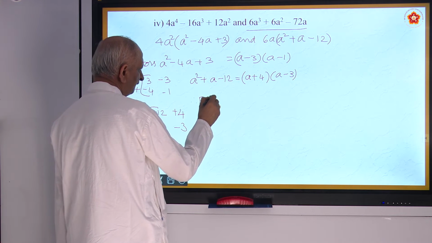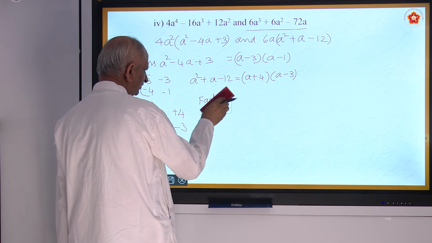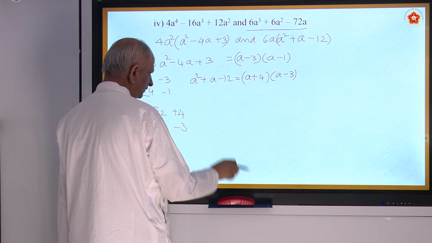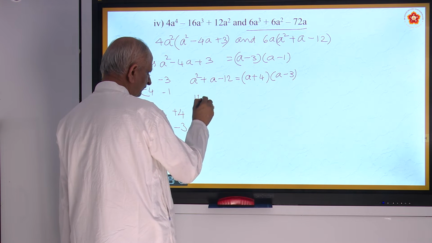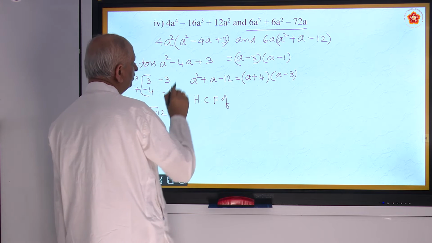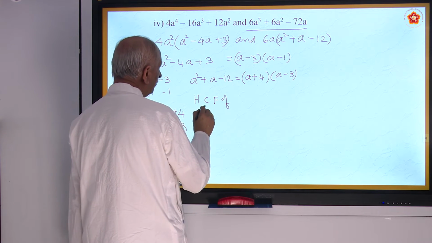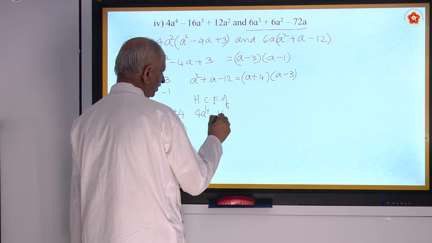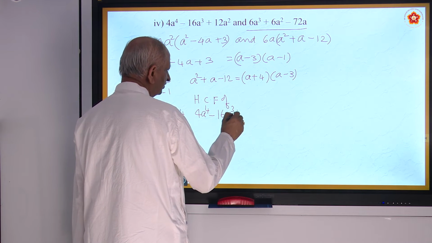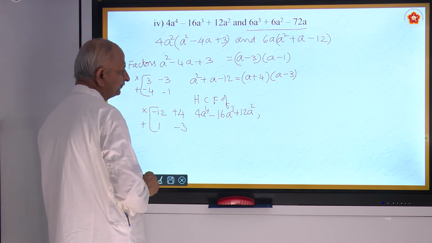not factors, you have to write HCF, na? The question is HCF. So HCF of the whole thing you must write: 4a to the power of 4 minus 16a cube plus 12a square, that is one thing.